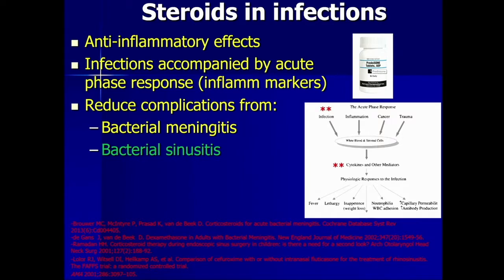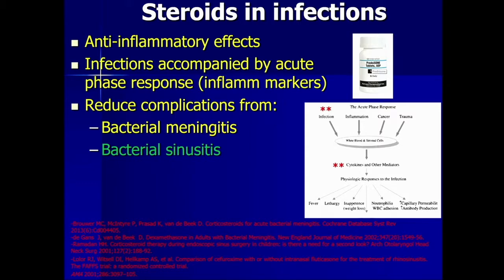If we look at literature from neurology, neurosurgery, and our ENT colleagues, they've been using steroids for these two main infections in the past. Meningitis, so if you read the papers listed there, the mortality rate is decreased when they use steroids, and other neurological sequelae such as hearing loss is also not as bad.